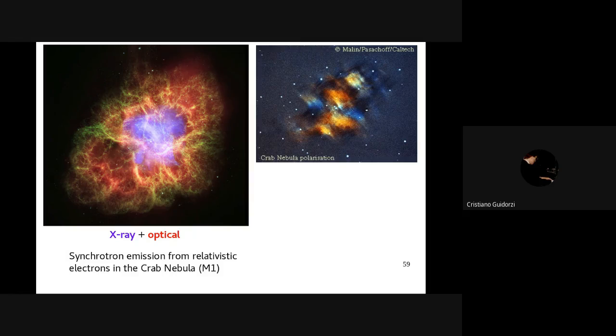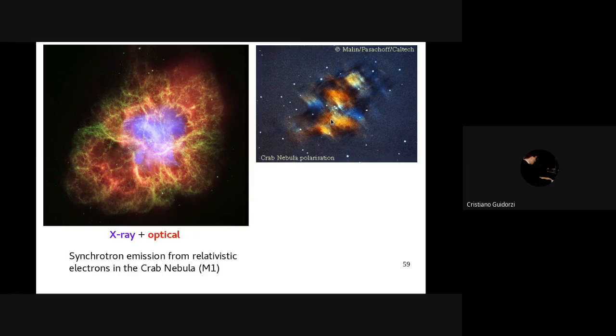There's also a magnetic field. So you immediately see that you have ultra-relativistic particles within a magnetic field, so you are expected to see synchrotron radiation. And indeed, it is possible to measure synchrotron radiation, for example here in this image in the optical range, but you can also measure polarization, because as we will see today, one of the distinctive features of synchrotron radiation is a relatively high degree of linear polarization.